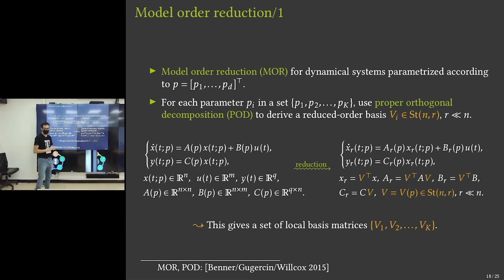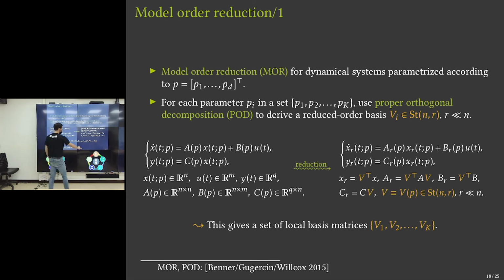Since this system is parameterized according to p, they do this for several values of p. So for each value of p, one gets an orthonormal matrix. If we have capital K values of p, we have K orthonormal matrices.